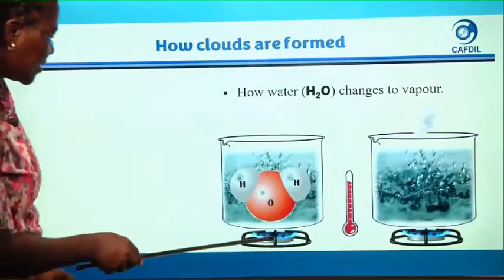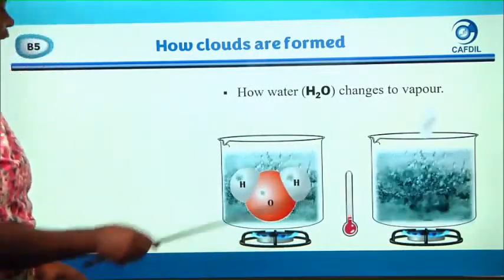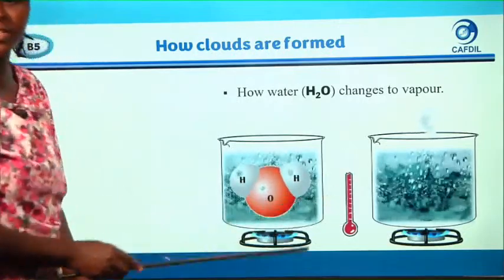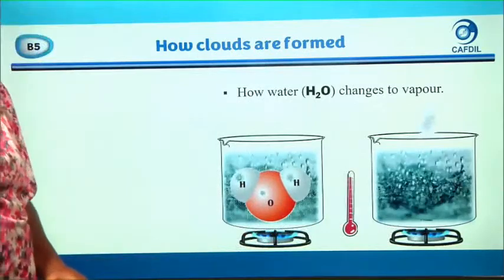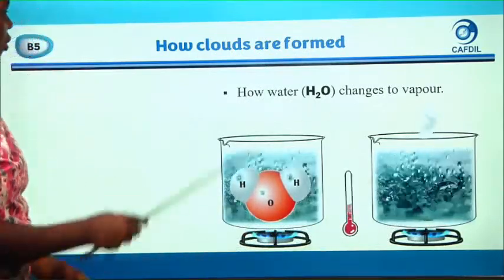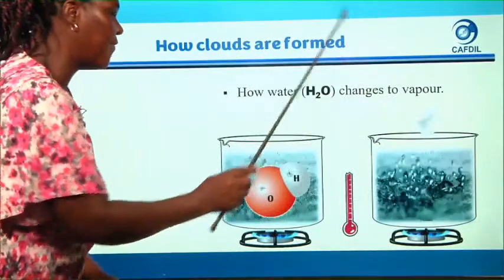So when you put the water on fire at 100 degrees Celsius, the water will start boiling.